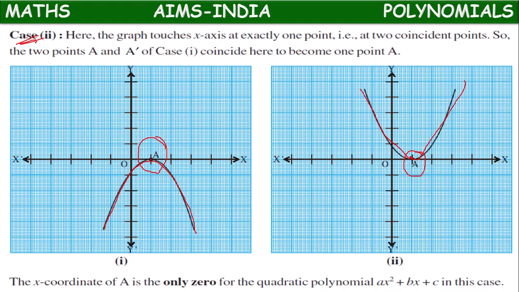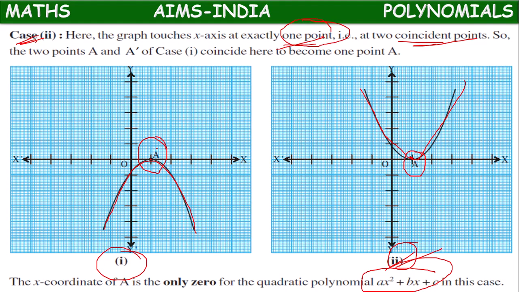If you draw a curve for the quadratic polynomial ax square plus bx plus c, it will be a parabola just touching the x-axis, as we have shown in the 1 and 2 diagrams. Two points coincide with one point.